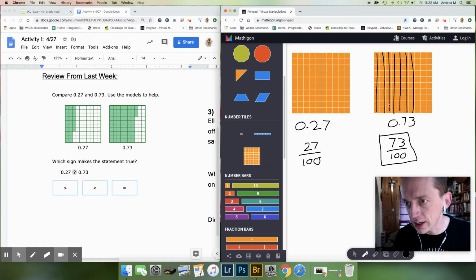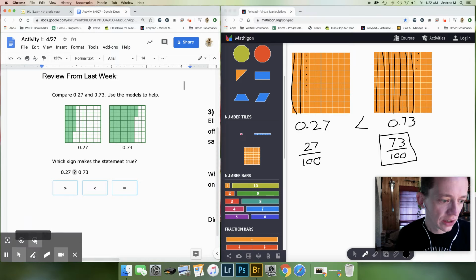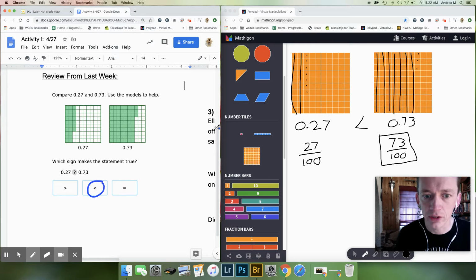We have 7/10, and then 1, 2, 3 hundredths versus only 10, 20, and then 1, 2, 3, 4, 5, 6, 7 hundredths. 2/10, 7 hundredths. So in this case, we are going to say that 27 hundredths is less than 73 hundredths. Okay, there's that one.